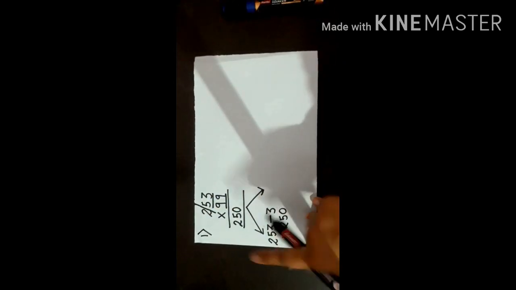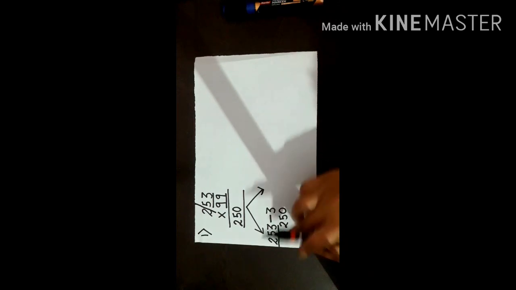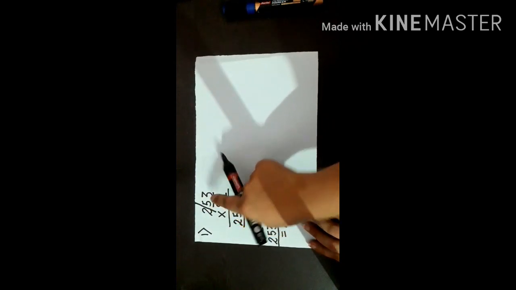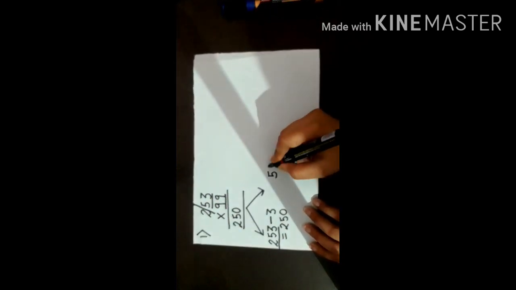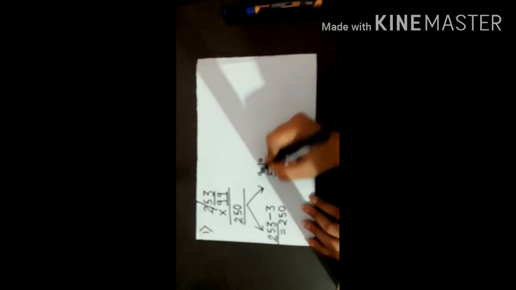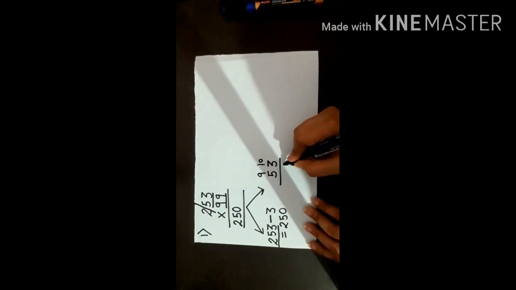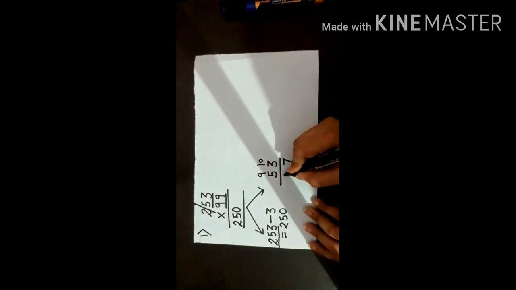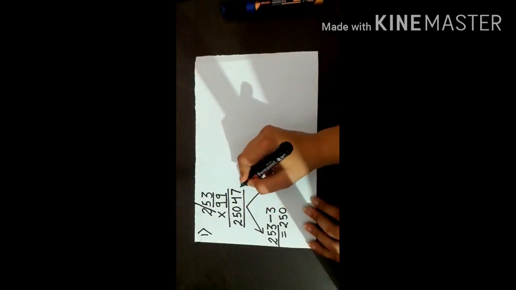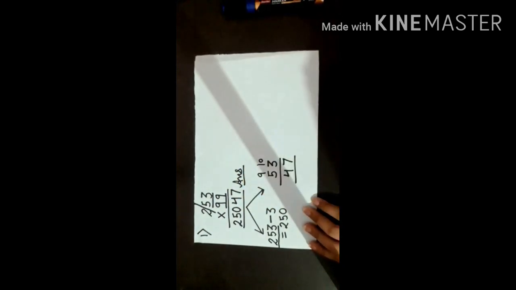In the previous one you used the whole multiplicand, but in this one use the rest of the multiplicand after the slash. 53. Then the same rule, last from 10 and others from 9. 10 minus 3 is 7, 9 minus 5 is 4. So 47. Now this is your answer.